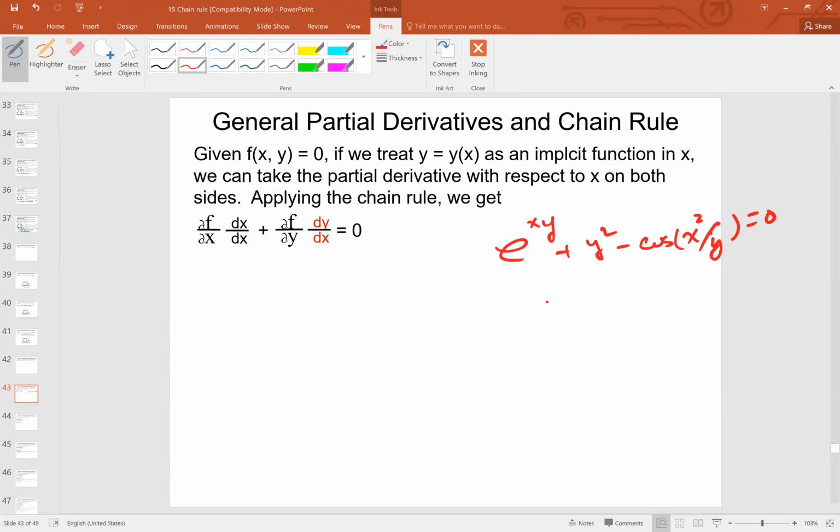Okay, and that's an implicit equation, and the question is what's dy dx. You can do this by implicit differentiation step by step using chain rule, quotient rule, product rule with x and y's in them, and then solve for dy dx. And that's actually kind of lengthy to do.